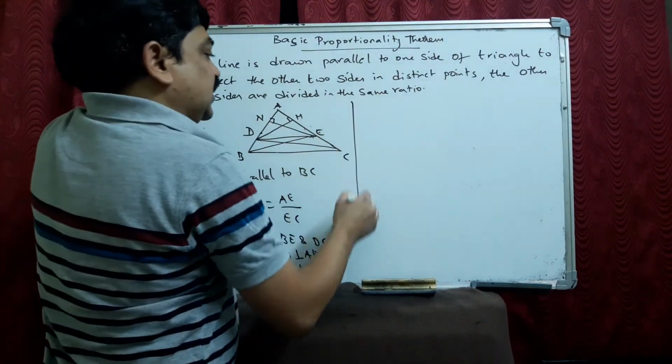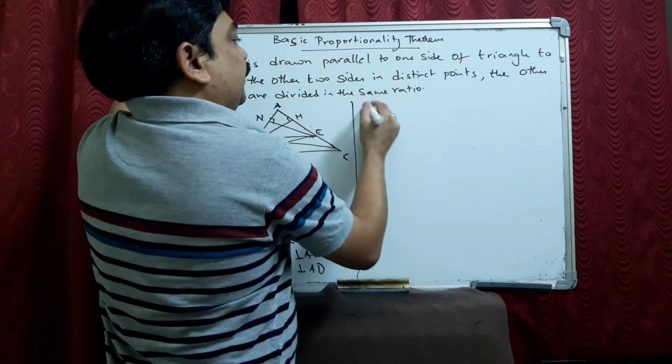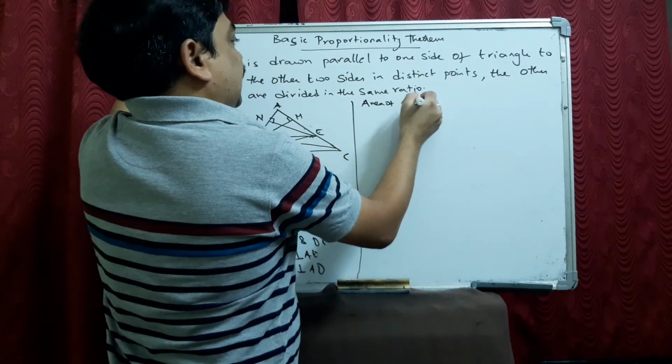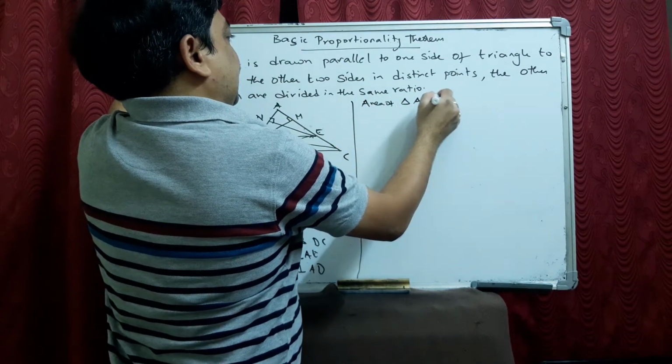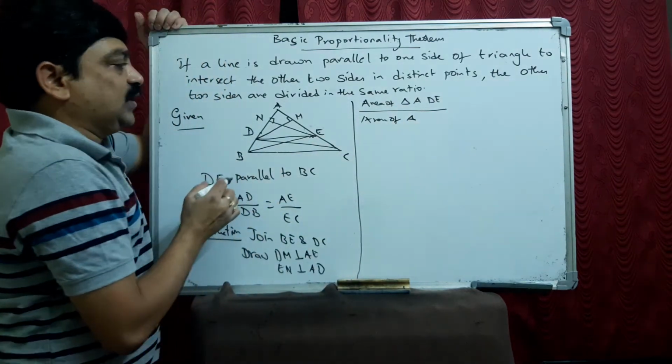Then how do we use this? I'll tell you. We consider area of triangle ADE by area of a triangle. There are two triangles here, no?